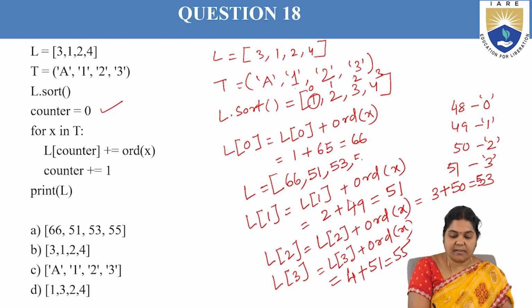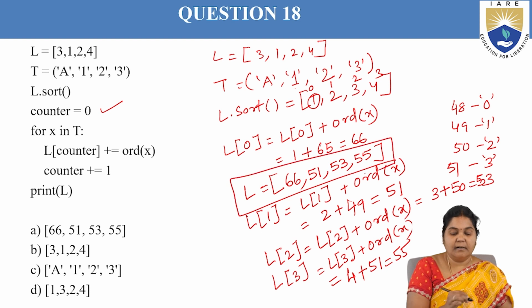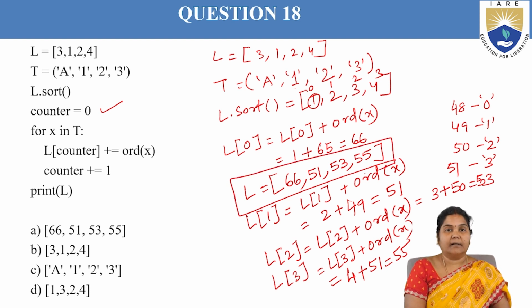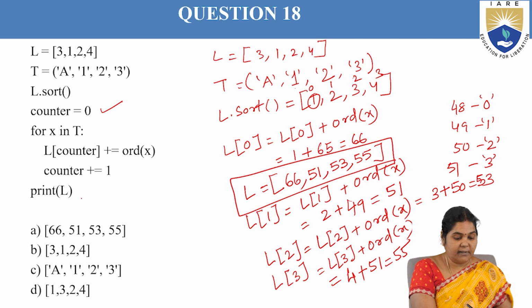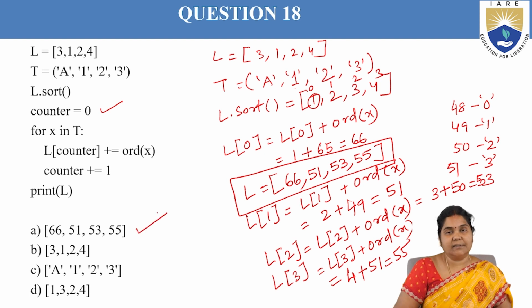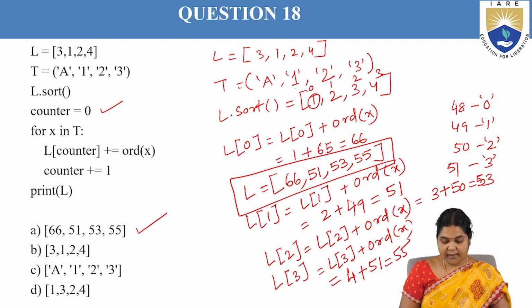So the list is updated with 55. Finally, this is the list that you are going to get. Whenever this loop is over, it prints the list. Originally it contained 3, 1, 2, 4, but later it was updated with 66, 51, 53 and 55. So the first answer is correct. Now let us move on to the next question.